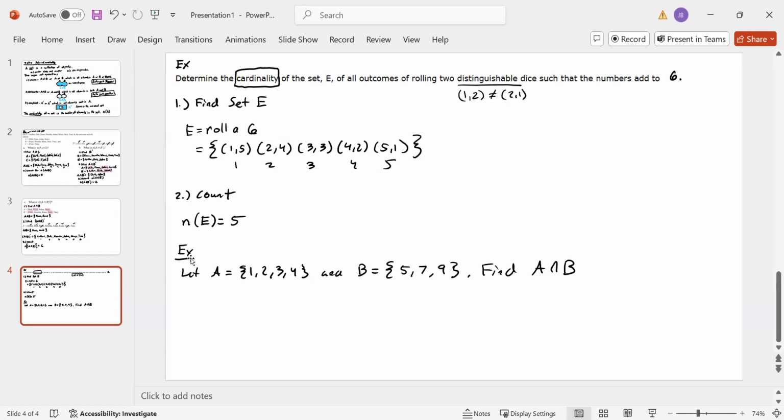If you try to find the intersection of two sets and they do not share anything, then we call that empty. They don't have any numbers together, so it is the empty set. The word that we actually use is mutually exclusive. They do not overlap on the Venn diagrams.